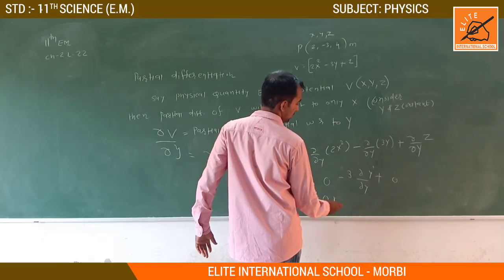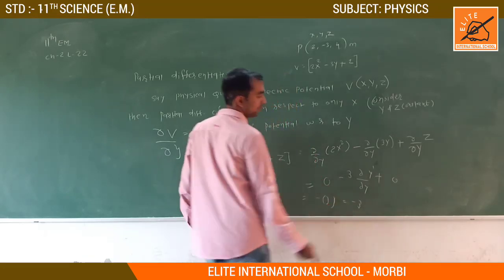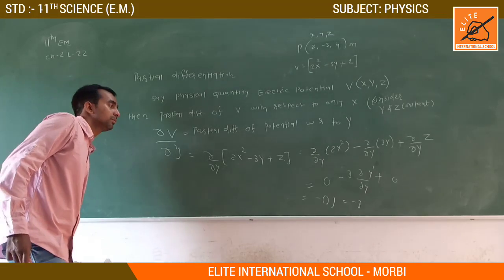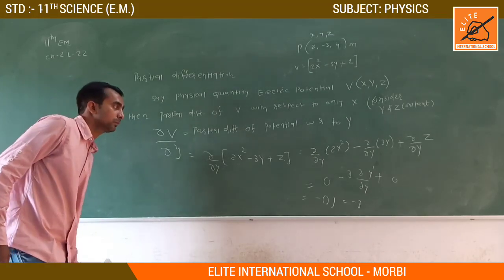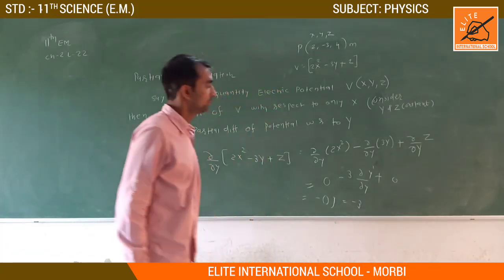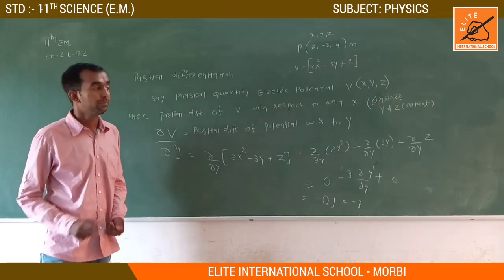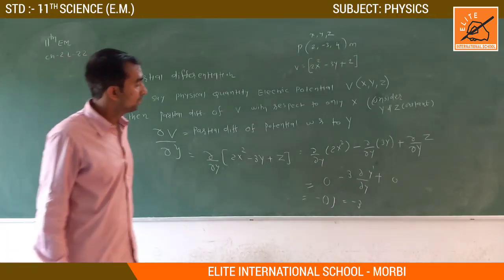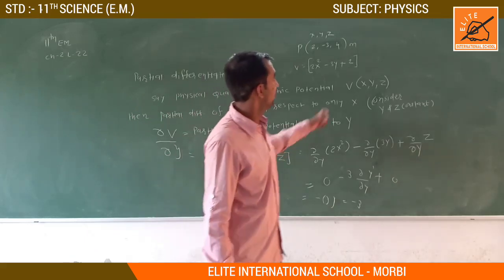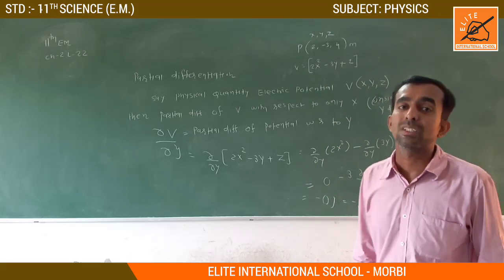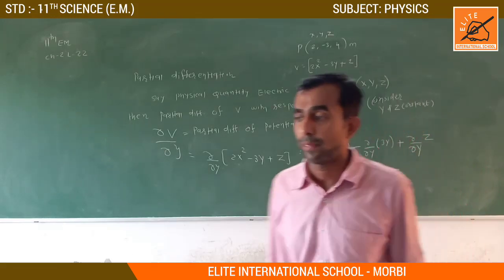So the answer is only minus 3. Done? Simple. 1 minute calculation, right? Now, homework question is there. Del by del z. Answer is 1. Okay, very good.